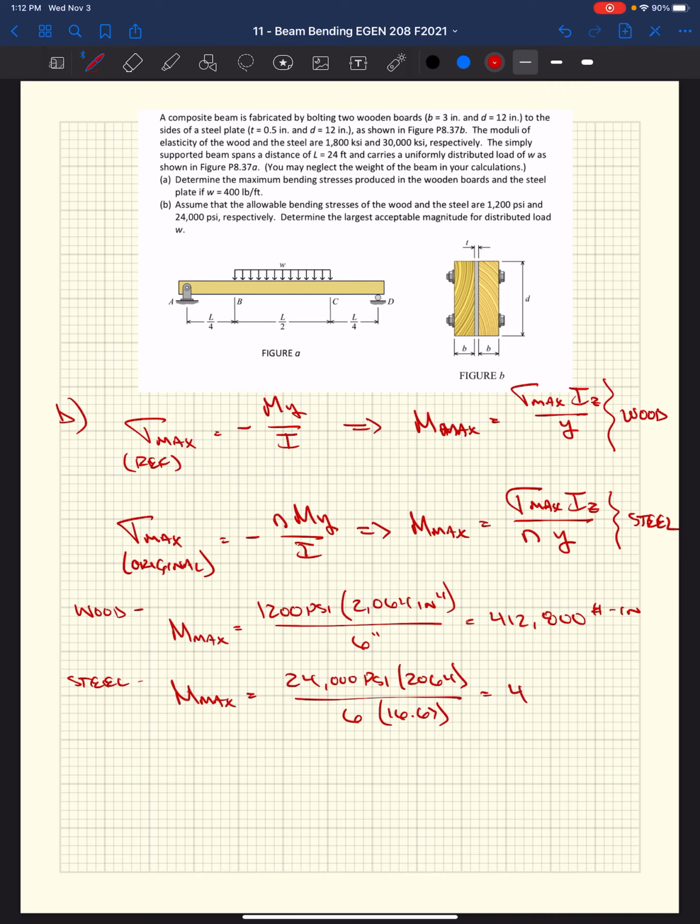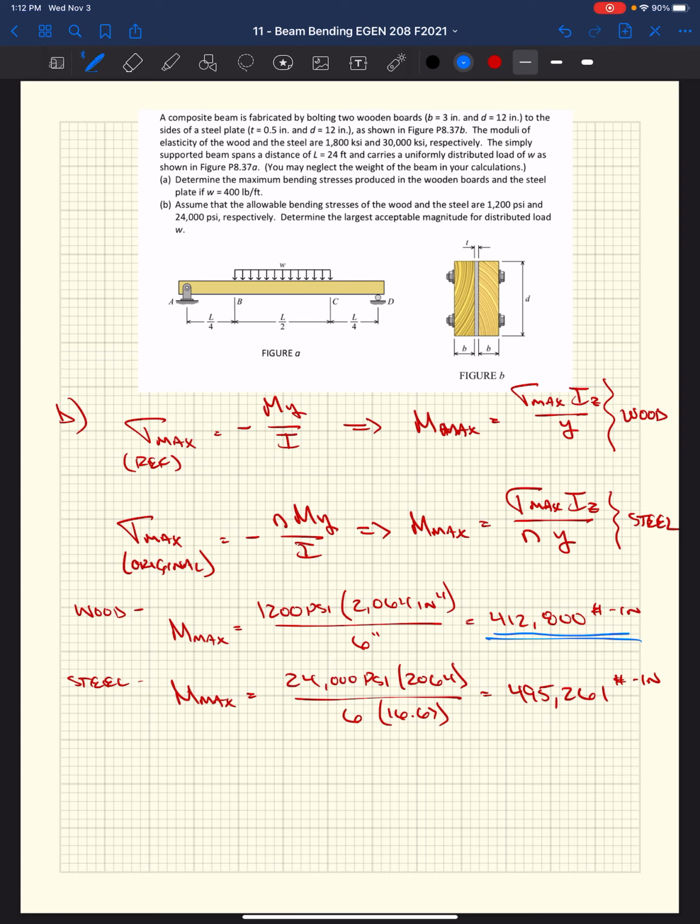We get a maximum moment, which will keep the steel from going beyond its allowable stress, of 495,000 pound-inches. Obviously, between the two, the smaller controls, because as we ramp up applied loads, we're going to hit the smaller moment first. So we're essentially going to hit the limit of the wood.